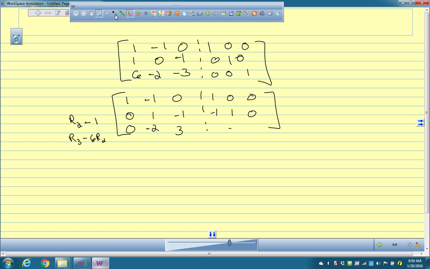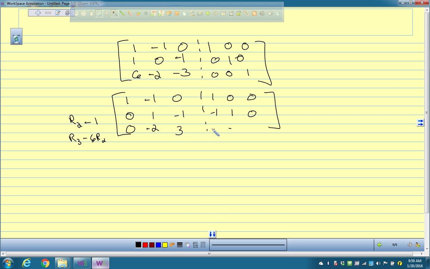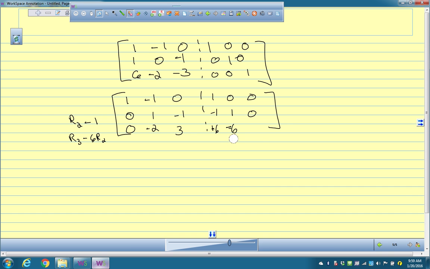That turns out to be negative 6, positive 6. That turns out to be row 3 plus negative 6. That turns out to be negative 6. What? Oh, I see what I'm doing. I know what I'm doing. I'm looking at this row 2 instead of that row 2.